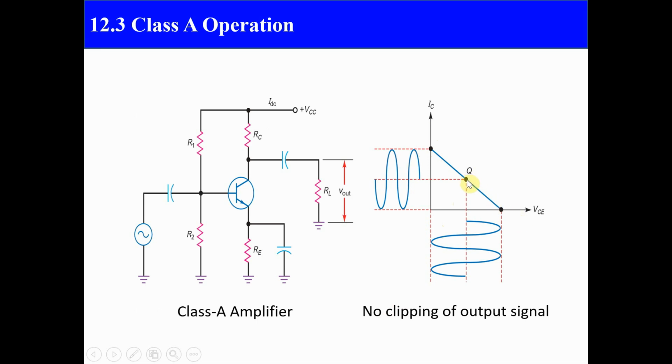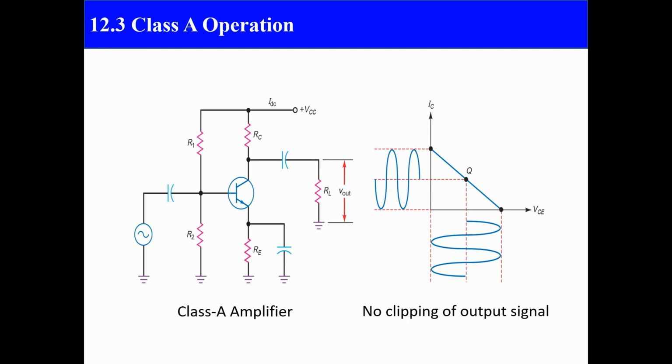For the given Q point, if we apply an input signal with respect to this Q point, there would be distortionless peak to peak output, meaning there is no clipping of the output signal. Both the cycles are completely amplified by the amplifier without distortion.